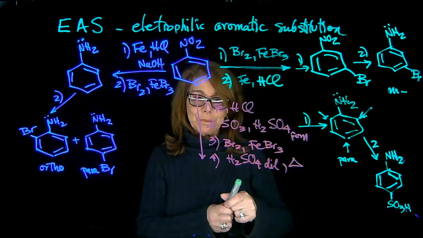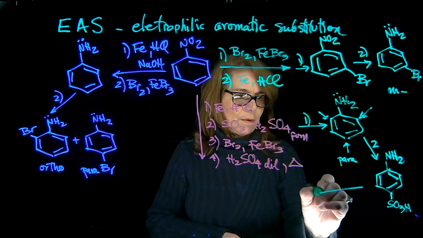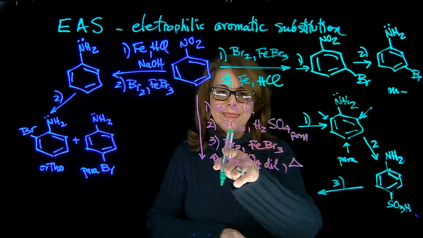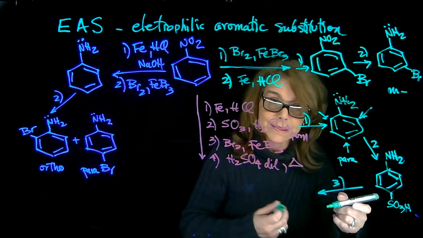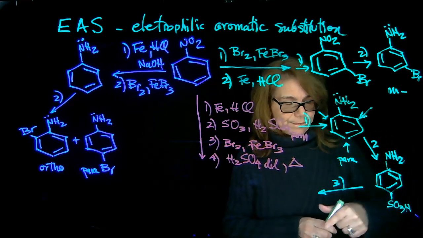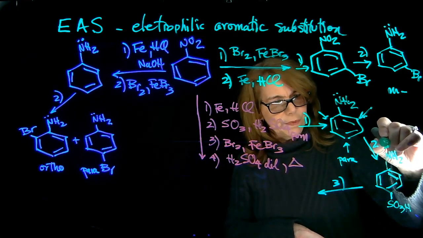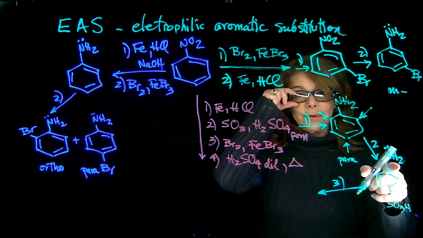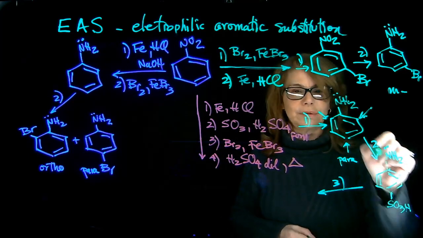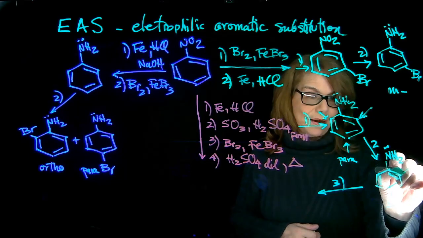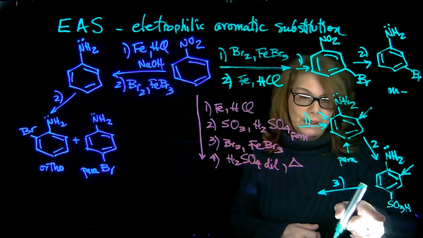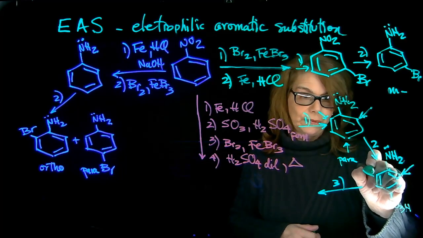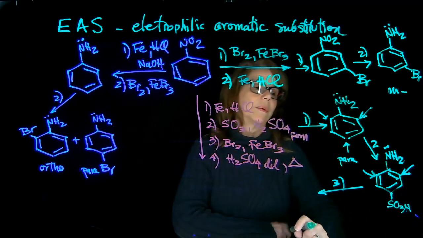Notice that in step 3, you're doing the bromination. Now where to? You have here the activating group, the amino. The activating group is going to determine the location, is ortho-para directing. The para to the amino is occupied, so it's going to be ortho to the amino group.